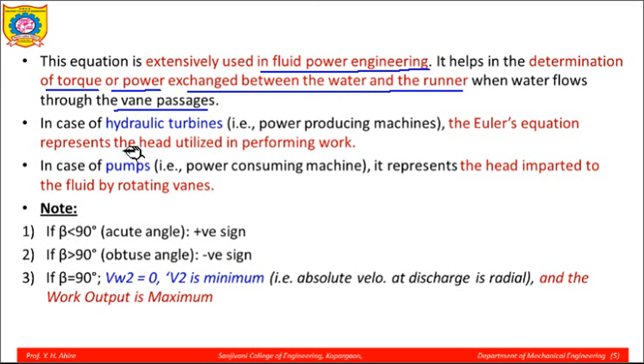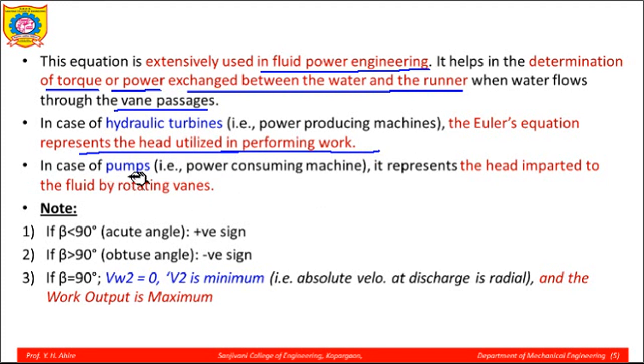In case of hydraulic turbines, which are power producing machines, the Euler's equation represents the head utilized in performing the work, that is the head utilized at inlet of a water turbine in performing the mechanical work, right?